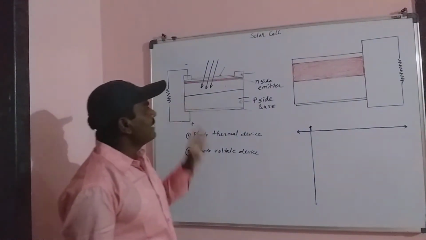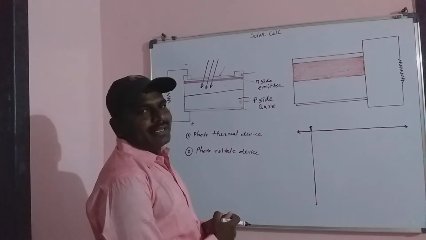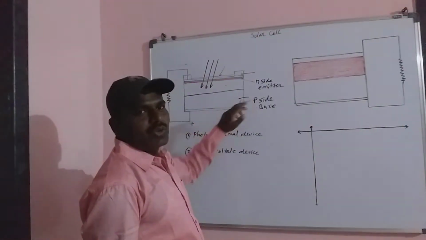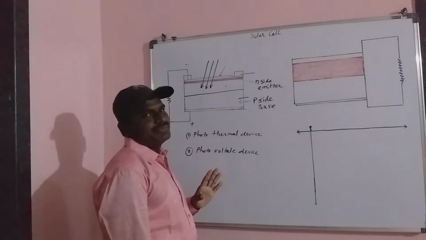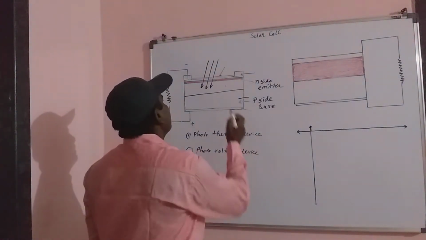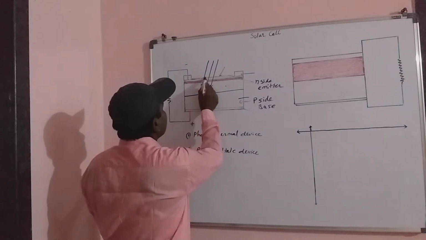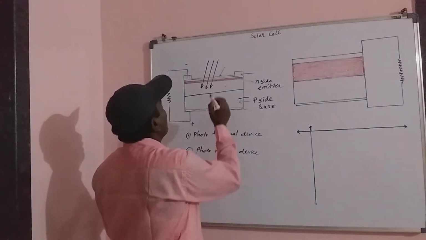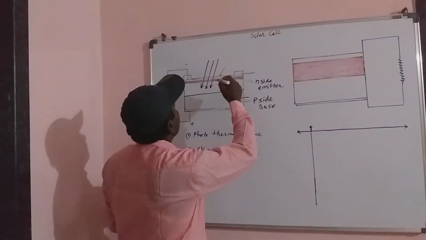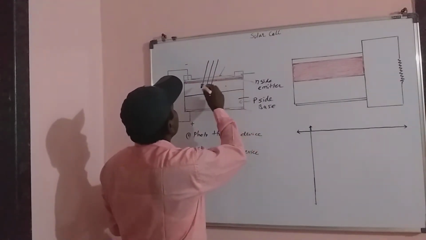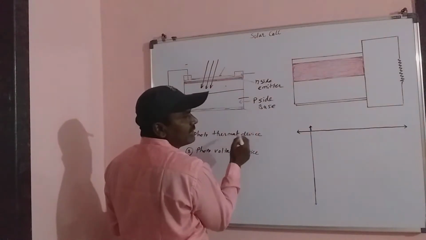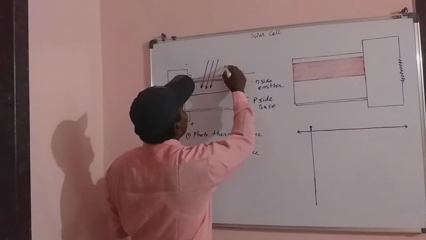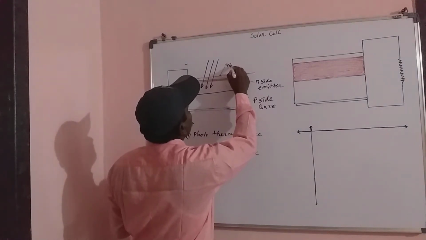When light is incident, the n side and p side are coated with a conducting material. This is the conducting material. The n side is also coated with an anti-reflecting coating.